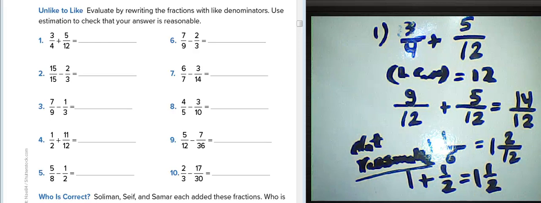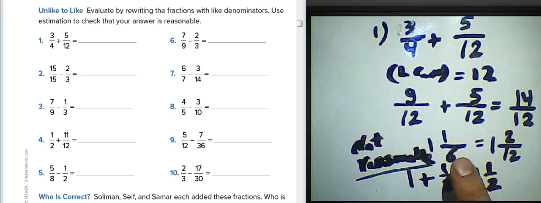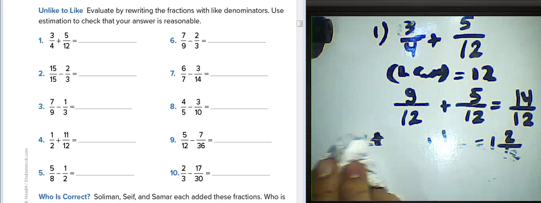Understood? Because 1 and 1 over 6 and 1 and 1 over 2 are not equal. If we want to approximate it to the nearest whole number, the result would be 2, and the result here, 1 and 1 over 6, is nearest to 1, not the result of 1 and a half.